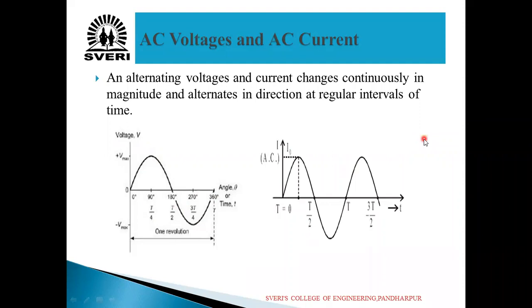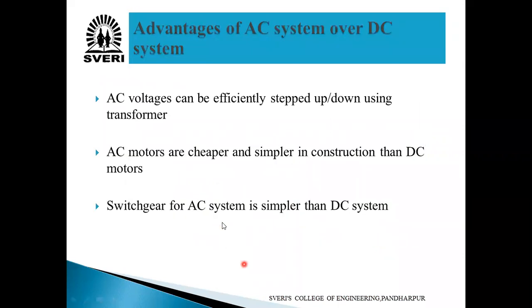Considering AC and DC, there are some advantages of the AC system over the DC system. AC voltage can be efficiently stepped up and stepped down using a transformer. In the previous class we discussed the transformer. What is the function of the transformer? It may step up or step down the voltage and current.